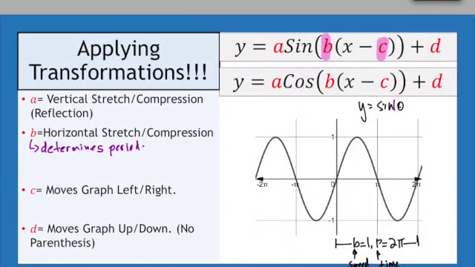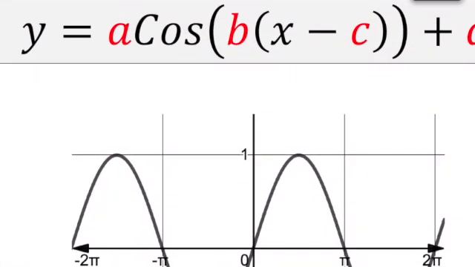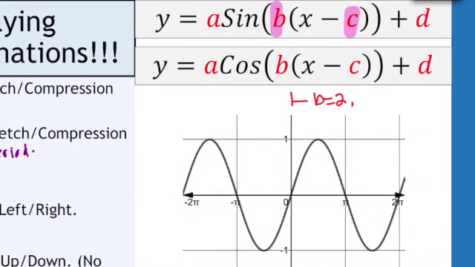So now I want to look at a b value of, let's say, 2. So the b is equal to 2. This is speed, right? Let's say you are traveling twice as fast around the unit circle. How much time is it going to take you to go around the unit circle?